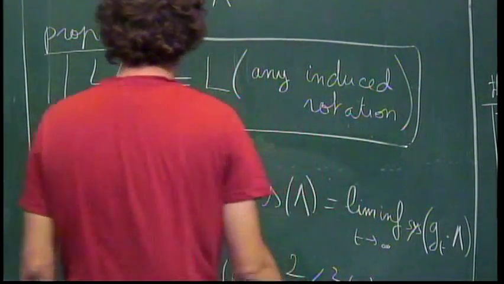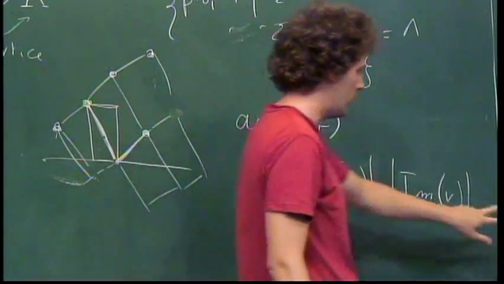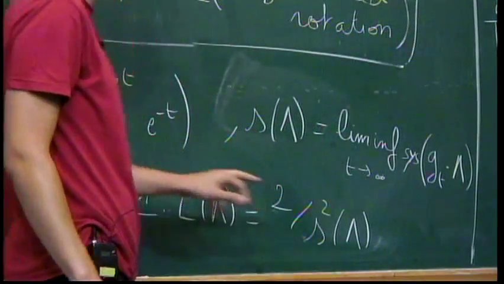So why is there a 2 over S squared? Because if you have a short vector, it is shortest when it is at 45 degrees. And when it is at 45 degrees, its length is just square root of 2 times the square root of the area. So this is why you have this 2 and you have this square.